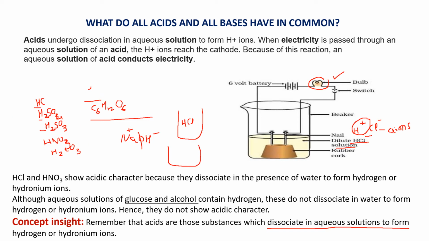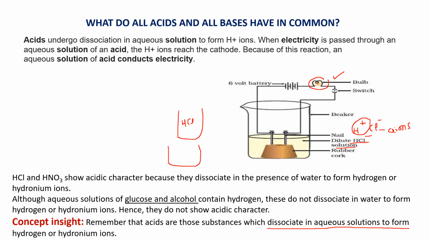Same in the case of bases, right? It is not compulsory that all bases get dissolved in water. There are a few bases which dissolve in water, whereas certain bases don't. The bases which get dissolved in water are called alkalis, and the bases which completely dissociate, like NaOH, where each and every molecule of sodium hydroxide dissociates when I mix it in water, are strong bases.